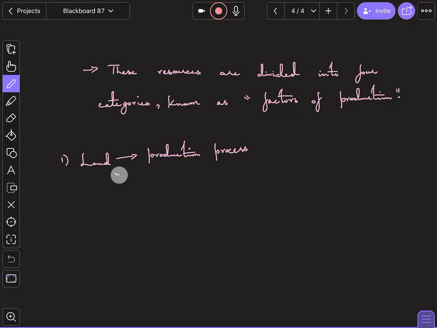The second type of land is natural resources extracted.